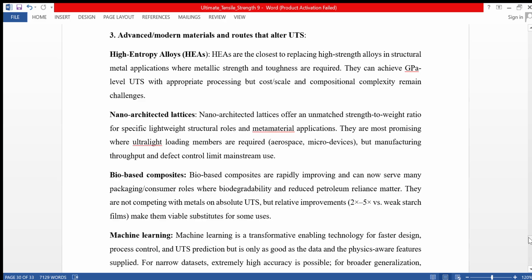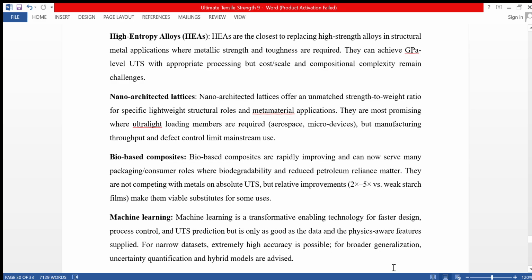Bio-based composites are rapidly improving and now can serve many packaging or consumer roles where biodegradability and reduced petroleum reliance matter. They are not competing with metals on absolute UTS, but relative improvements make them a visible substitute for some uses.